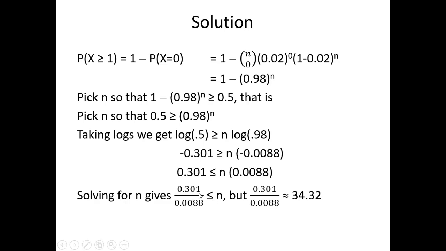Working out this fraction, we get a number about 34.32. Since n must be an integer, this tells me that n needs to be at least 35. So that concludes example 4.